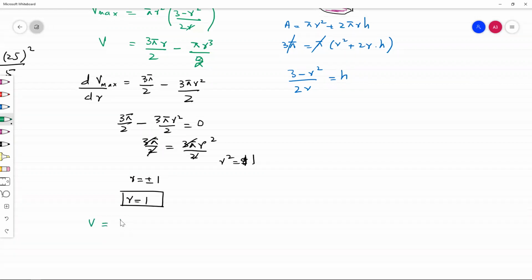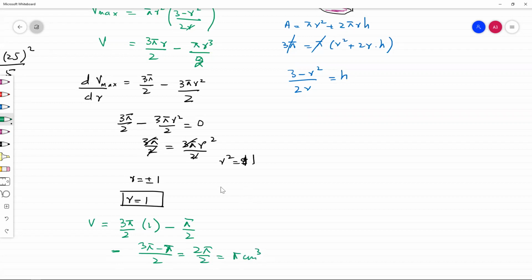V is equal to 3 pi over 2 times 1 minus pi over 2. And 3 pi over 2 is the LCM. 3 pi minus pi will be 2 pi over 2, or simply pi cubic meters. So he said find the radius and the height for which the volume of the cylinder will be maximum. We have already found the radius.